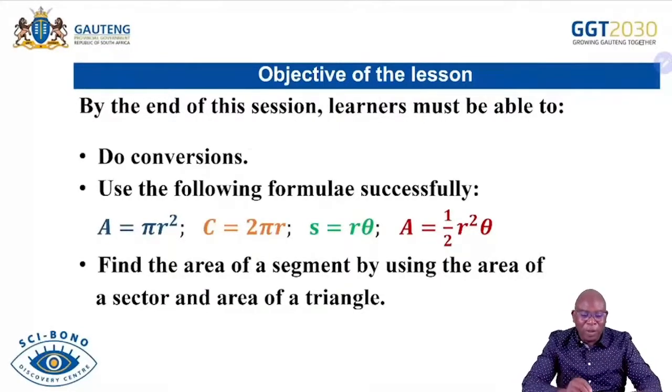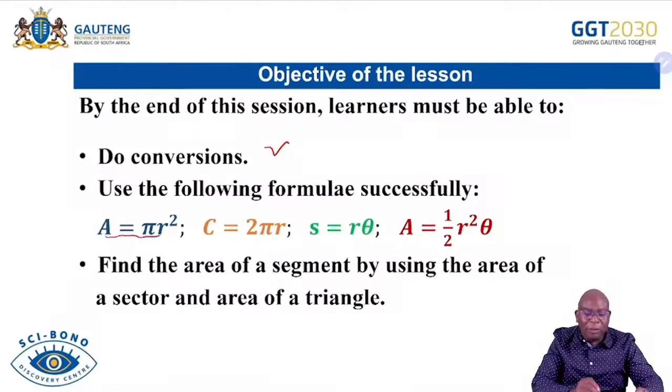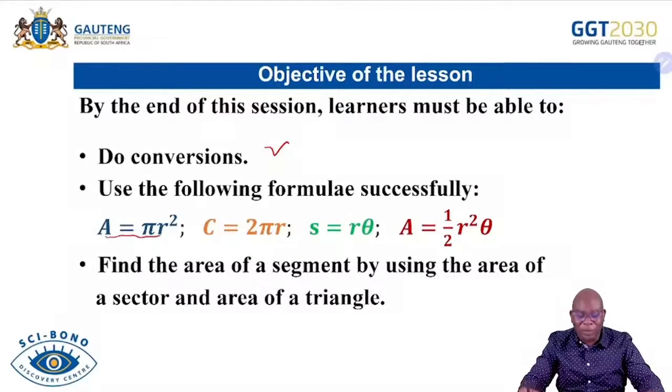Number 2, we need to look at the following formulae and be able to apply them successfully. The formula for the area of a circle, because we're going to be working with a circle most of the time. The circumference of the circle, we're also going to be using that formula. The S here is the arc length.